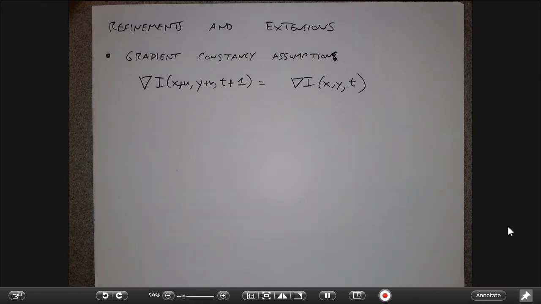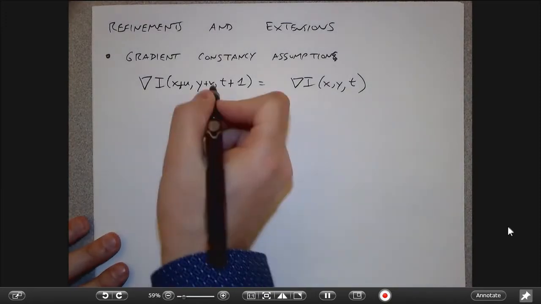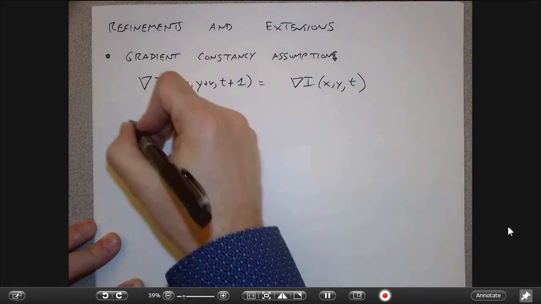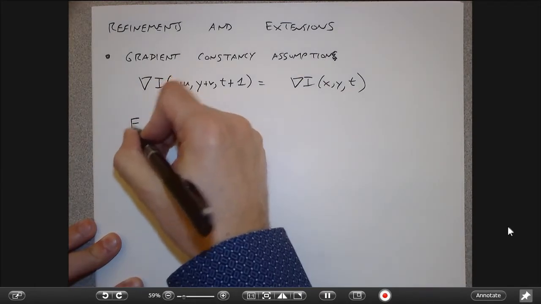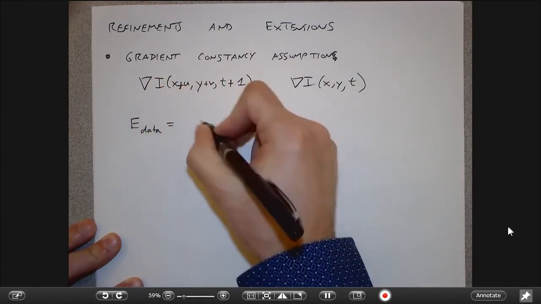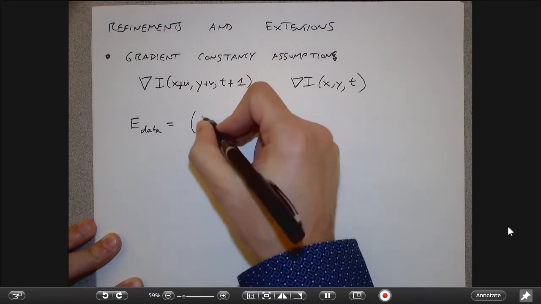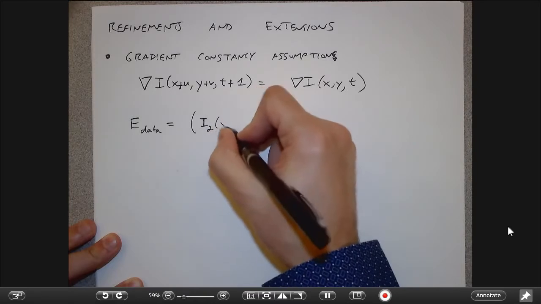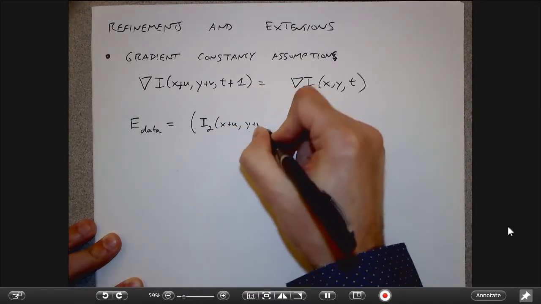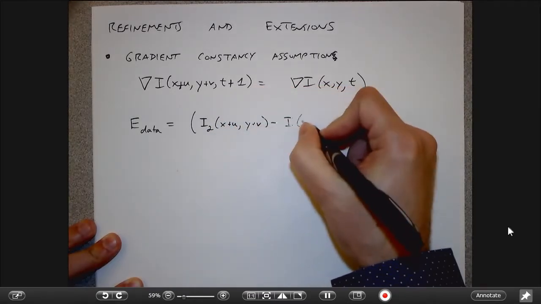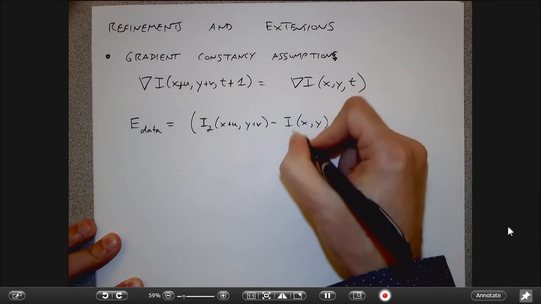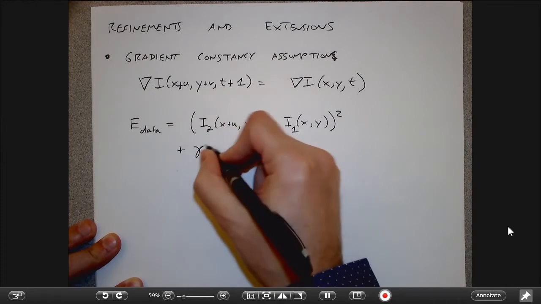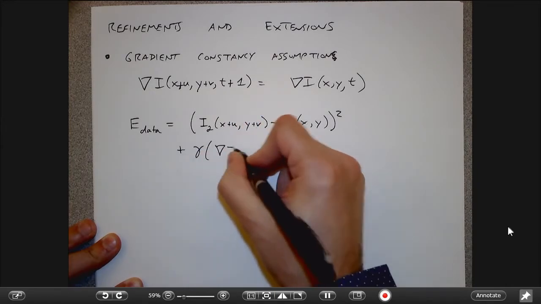So you can either replace the data term with this entirely, or you could say, okay, my data term looks like some difference between the two images. I could say I've got something that differs in terms of brightness, and then I have something that differs in terms of gradient.